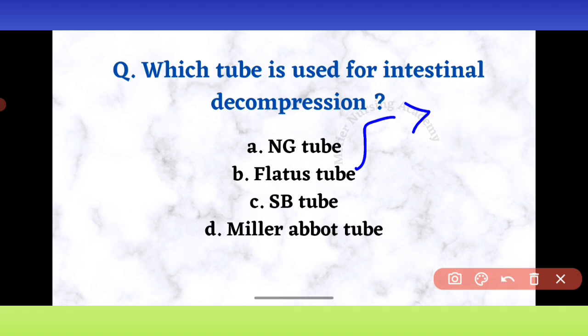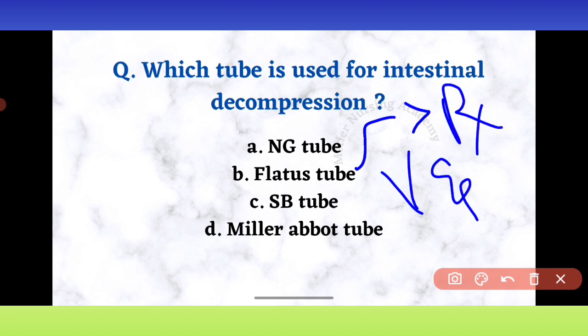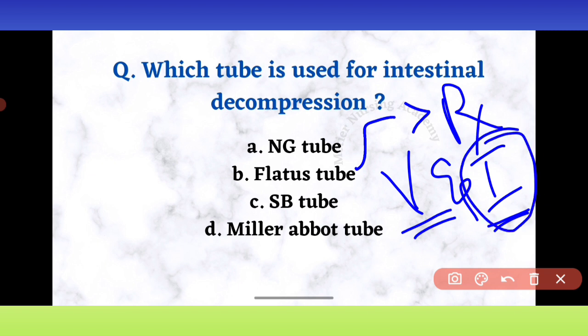The second golden point here is it is used in the treatment of volvulus and intussusception. What are volvulus and intussusception? These two are intestinal obstructions. Intussusception means telescoping of the intestine, and volvulus means twisting of the intestine.